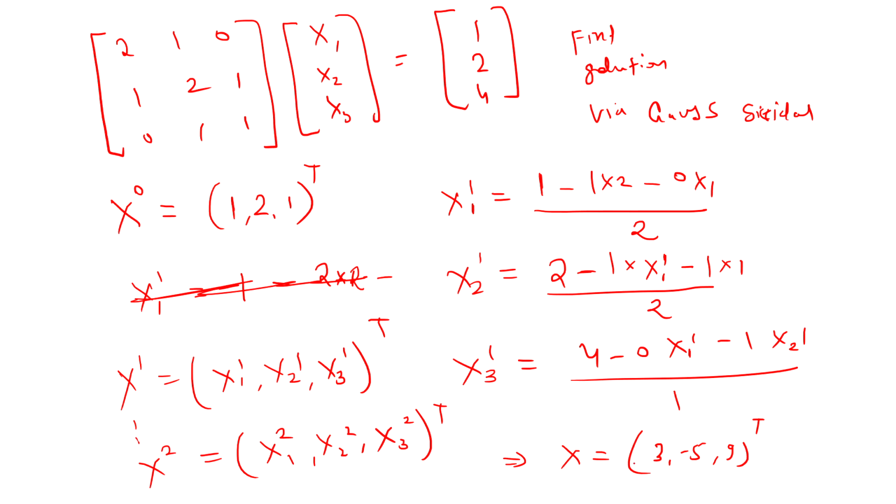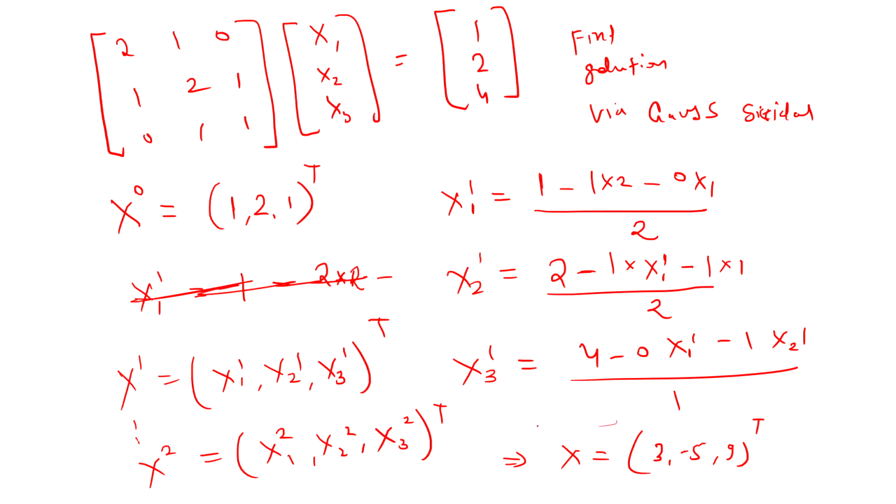If we put it into the first equation, then it is 6 minus 5 which gives 1. If we put it into the second, it becomes 3 minus 10 plus 9, which gives 2, and in the third, 0 minus 5 plus 9, which gives 4.